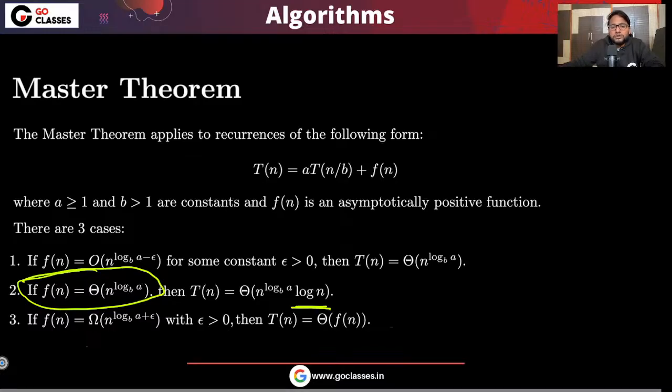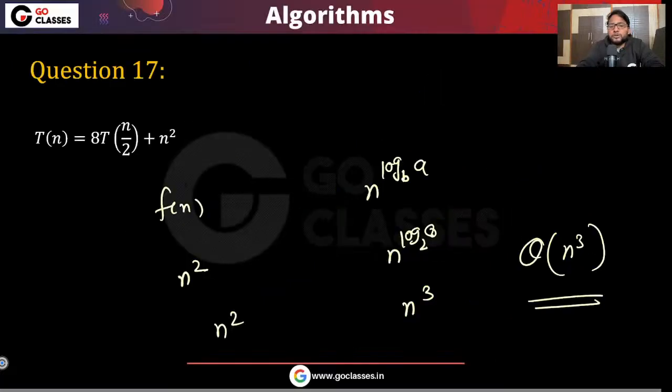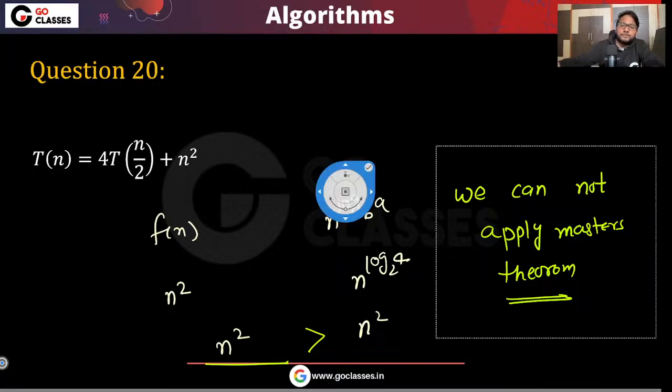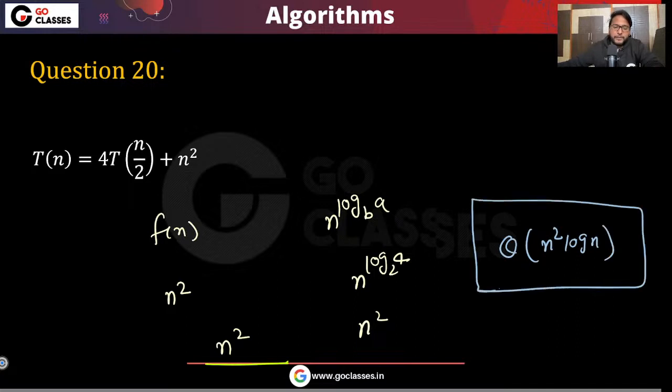If both are equal, then we can apply it. What is the answer? If both are equal, then the answer will be theta of n square log n, right? Yes, we can apply.